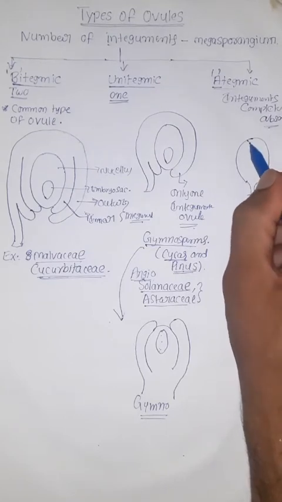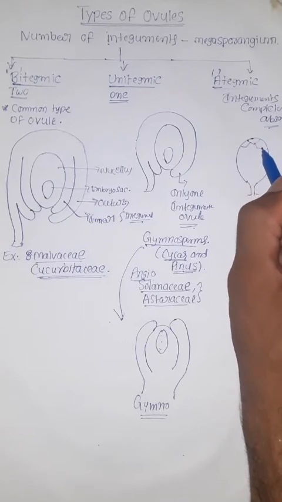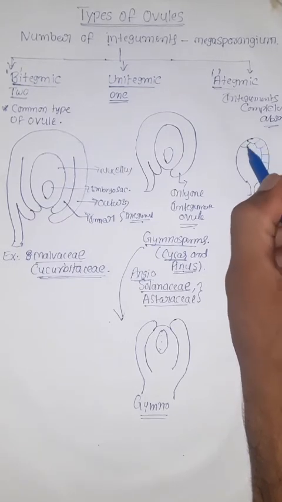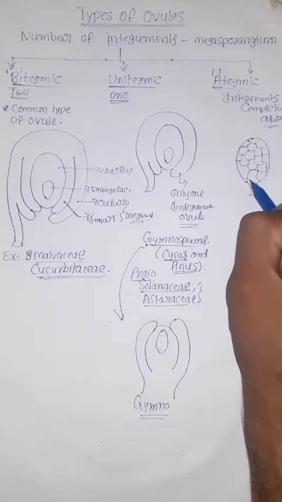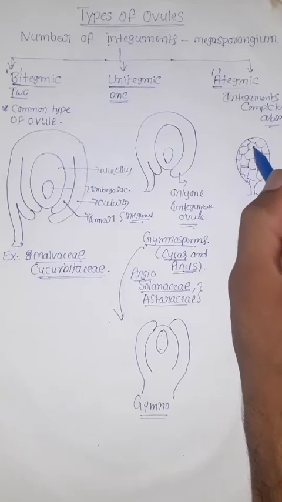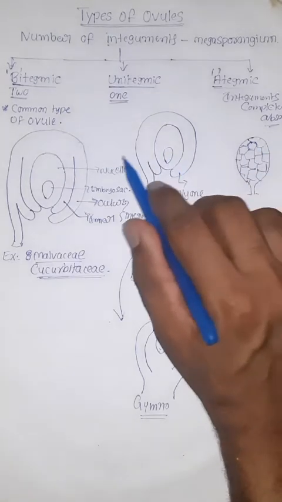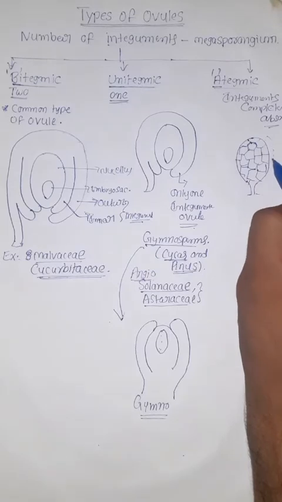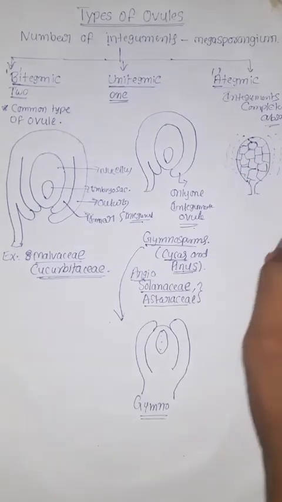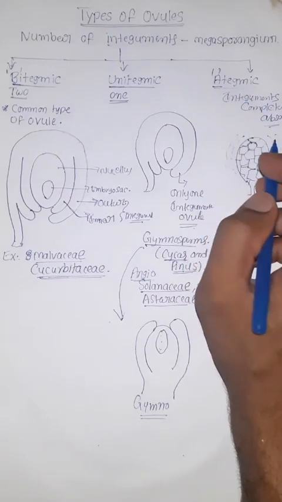Here we can see the megasporangium directly exposed. In this nucellus tissue, one cell further gives rise to the embryo sac, that is common as in unitegmic and bitegmic. But here the only thing is the integuments are absent. This is about ategmic ovules.